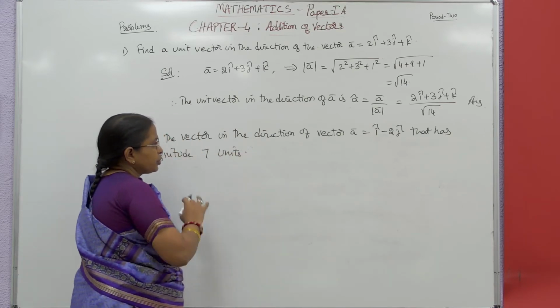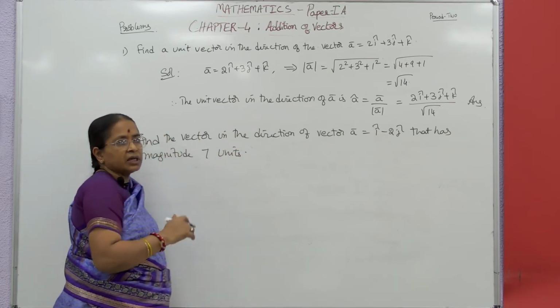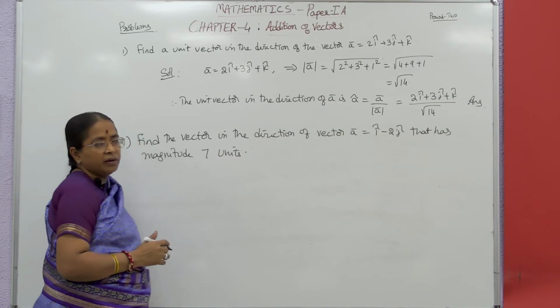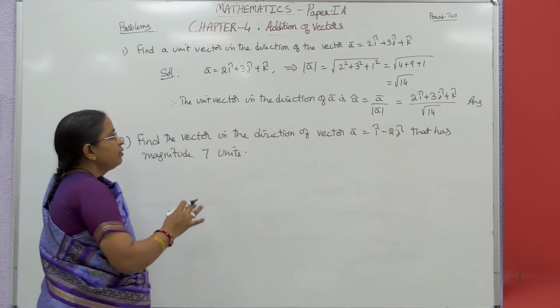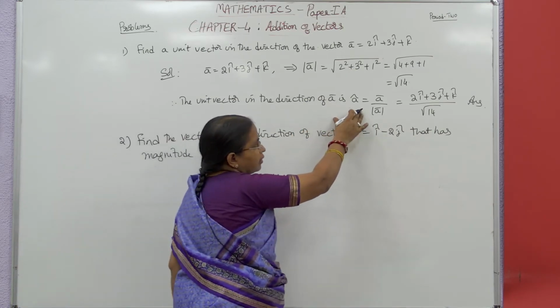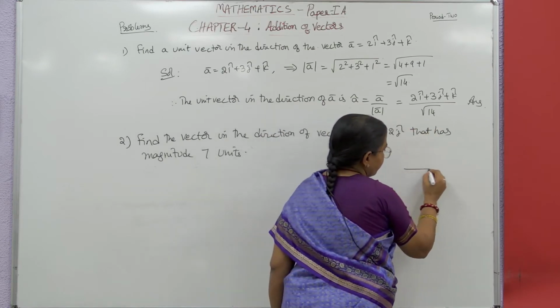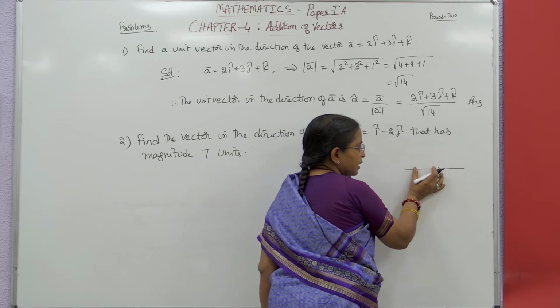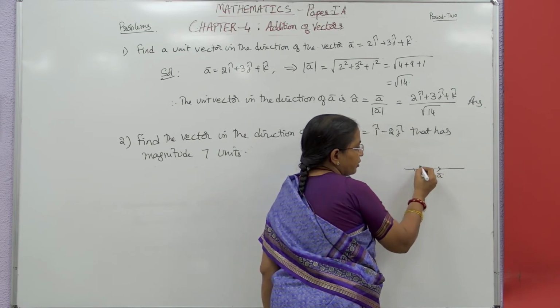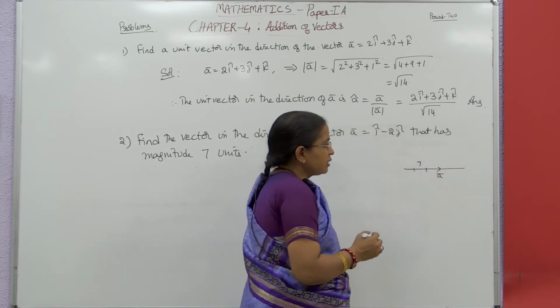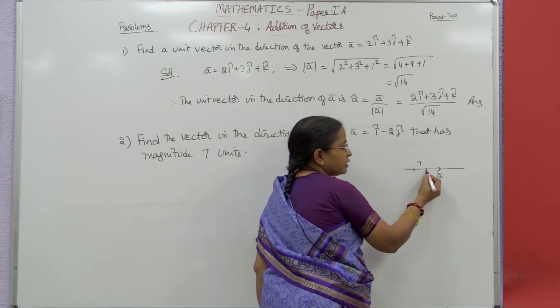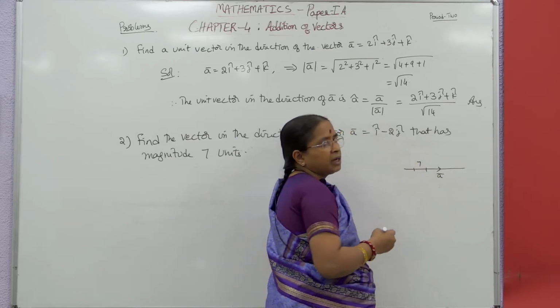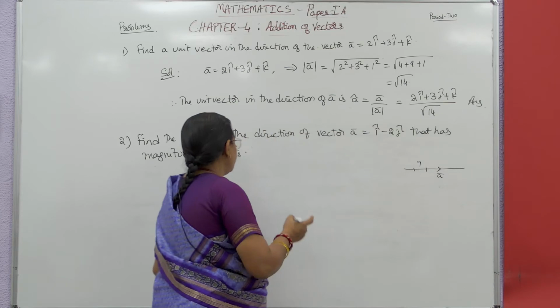So in the direction of A, you must find the vector which has magnitude 7. What you should do is first find the unit vector in the direction of A. Suppose you have a vector A like this. You must find a vector in this direction which has magnitude 7 units. So first find the unit vector in this direction and then multiply it by 7. That's all. Then you will get the answer.